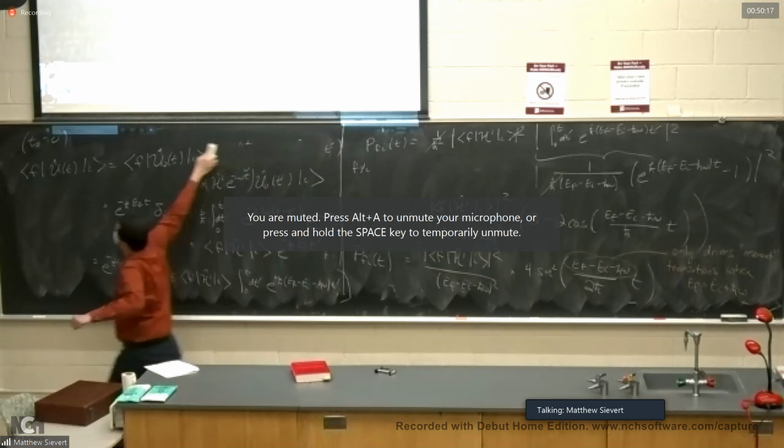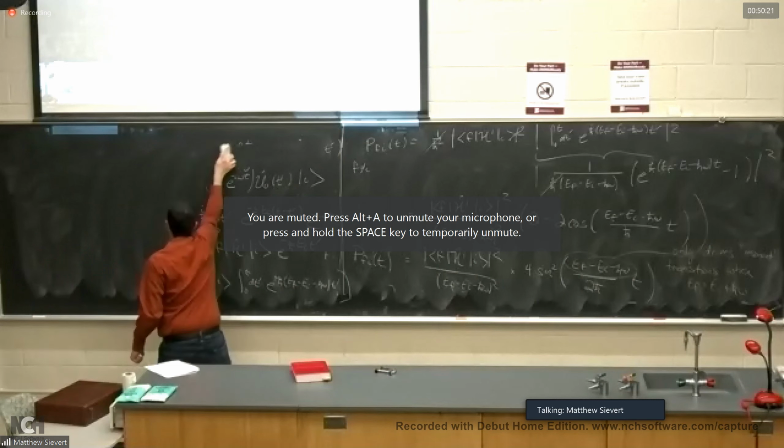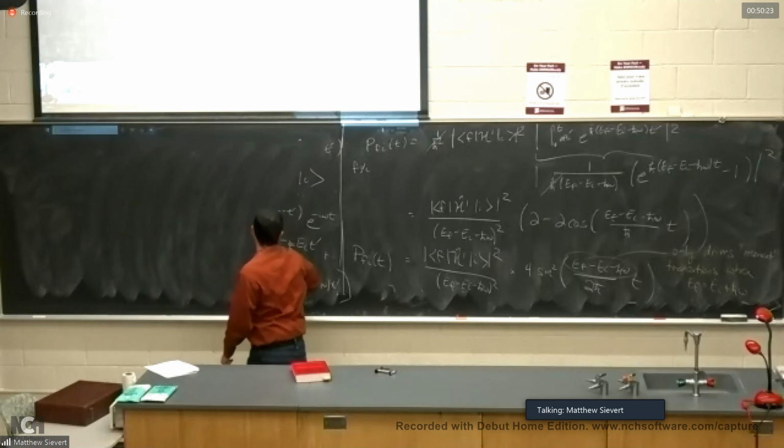So in the same way as before, I can calculate the transition rate and take the limit t going to infinity, and I'm going to get a delta function.